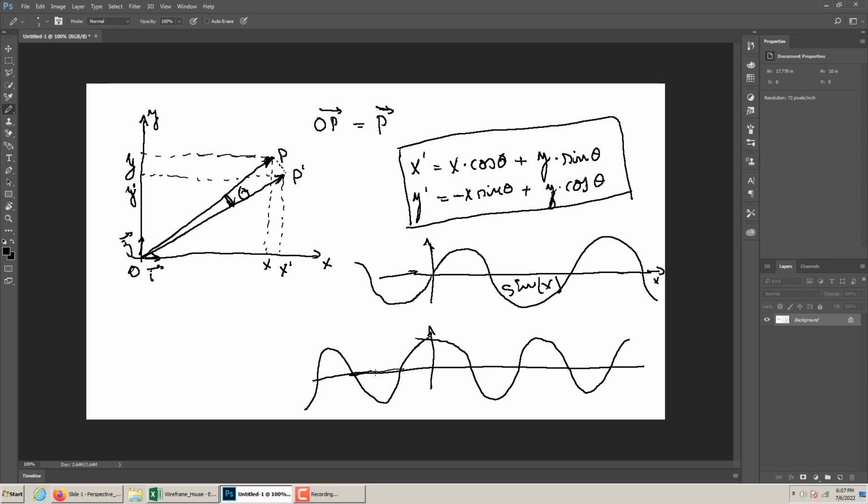These are harmonic functions, they're very, very important. So if this is x, this is cos of x. That's how it looks.